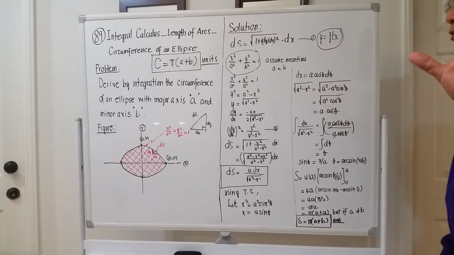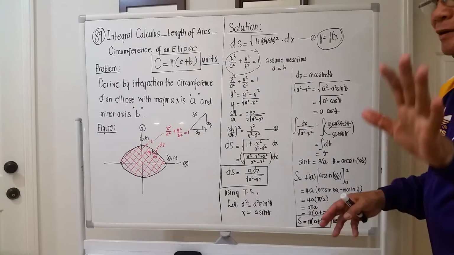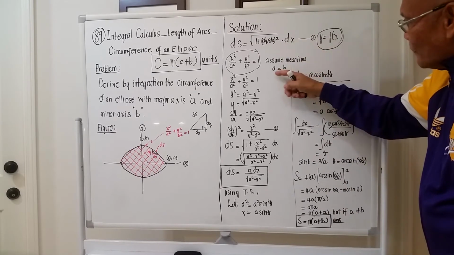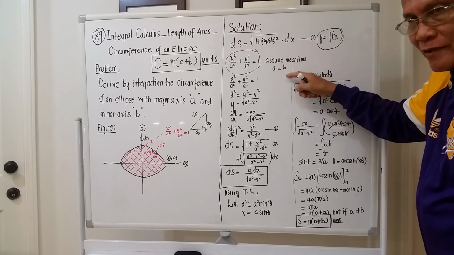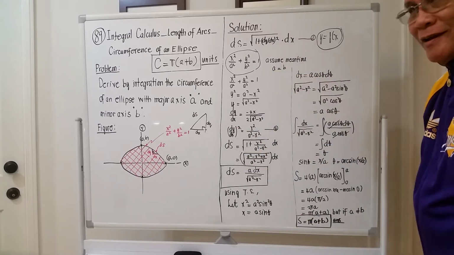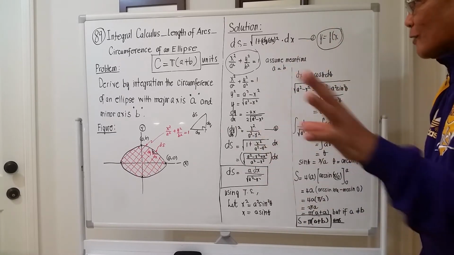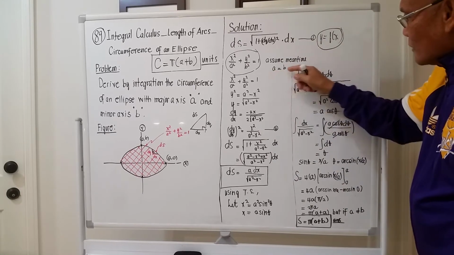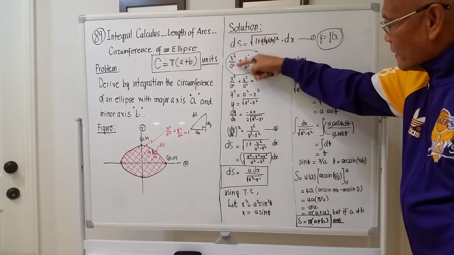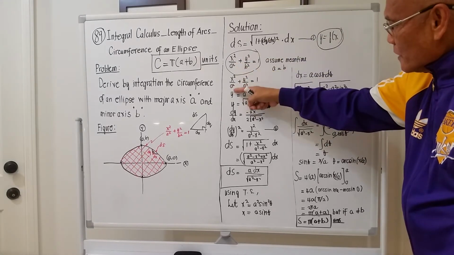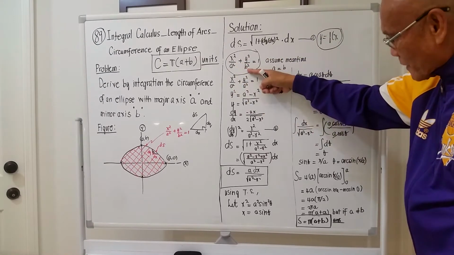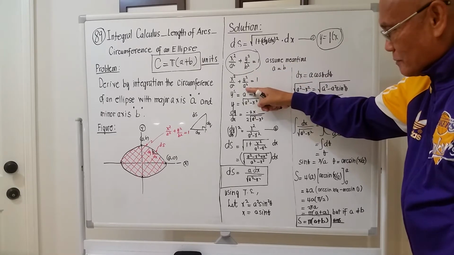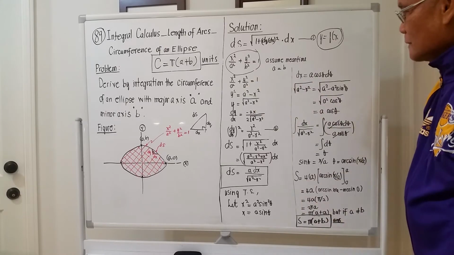To simplify the solution, for the meantime we assume that the major axis is equal to the minor axis. That is only to simplify calculation. So if a is equal to b, we go back here: x squared over a squared plus y squared over a squared equal to 1.